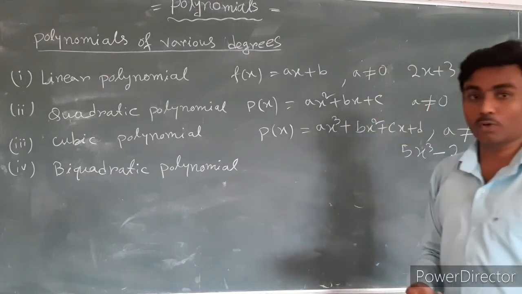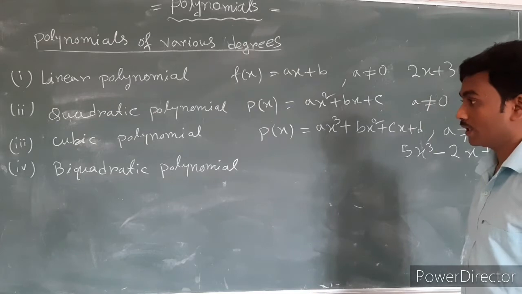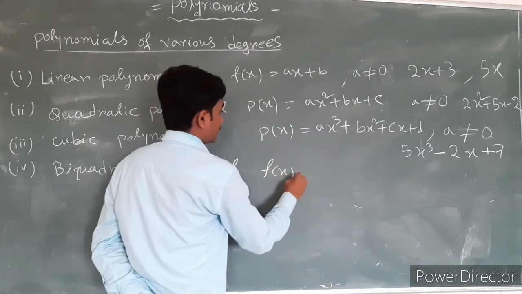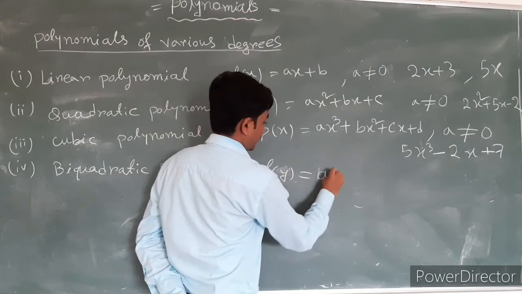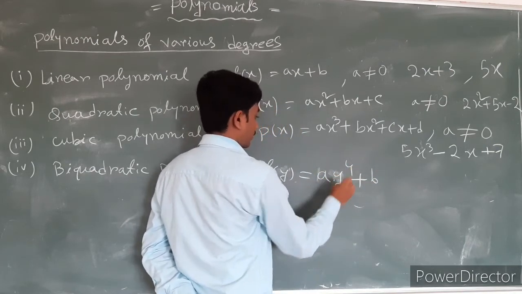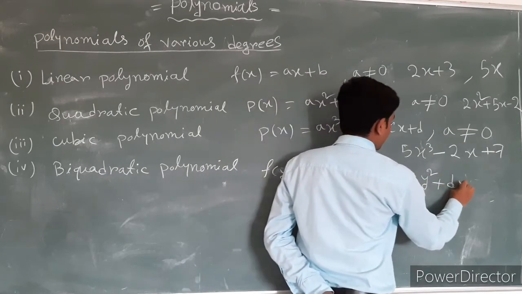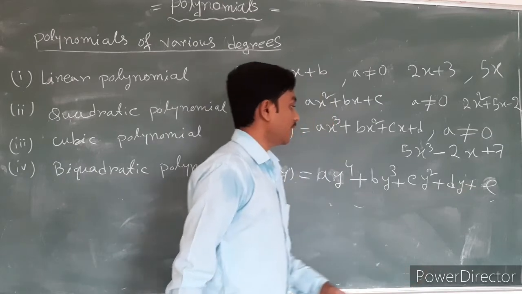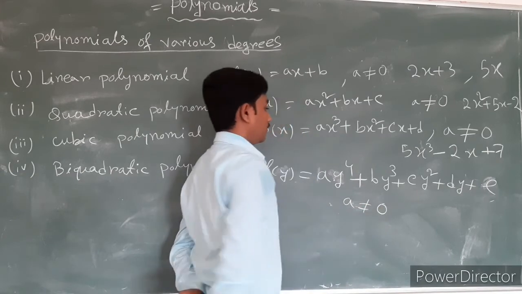Next, biquadratic polynomial. A polynomial of degree 4 is called a biquadratic polynomial, and the standard form of a biquadratic polynomial is ay to the power 4 plus by cubed plus cy squared plus dy plus e, where a, b, c, d and e are constants and a is not equal to 0.